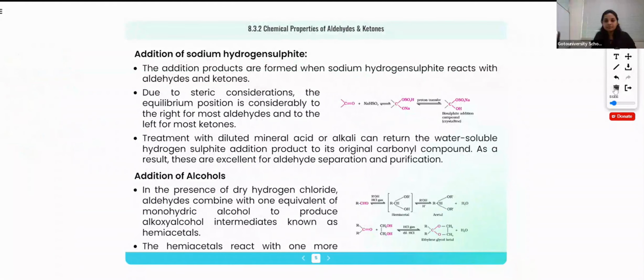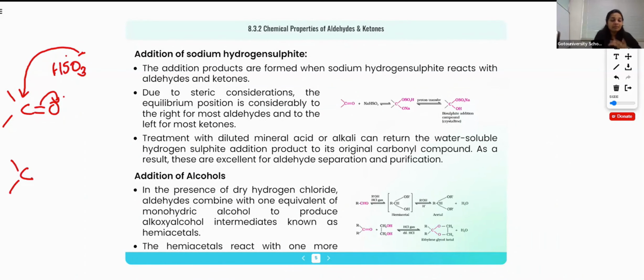Listen, I am taking the compound. So what will happen? Same thing. NaHSO3 produces HSO3 minus ion. Due to this negative charge, it will attract the carbon. Why? Carbon has a positive charge. Due to electronegativity, oxygen will take the electron.